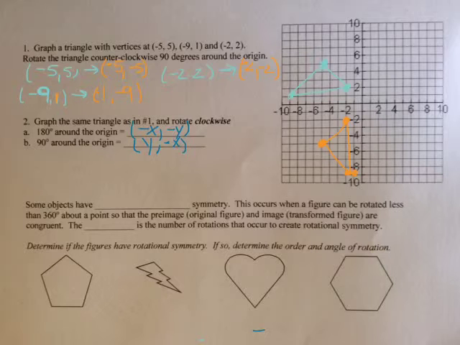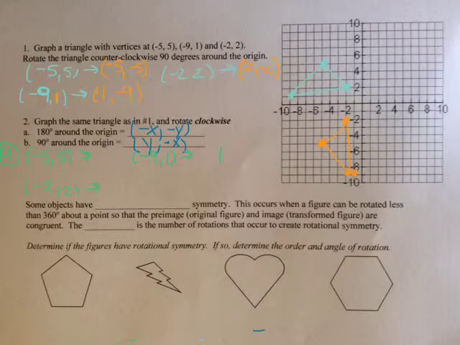Okay, so for A, we have our points -5, 5, -9, 1, and then we have our point -2, 2.